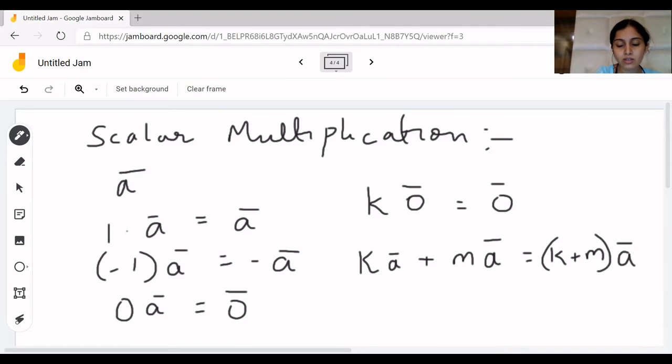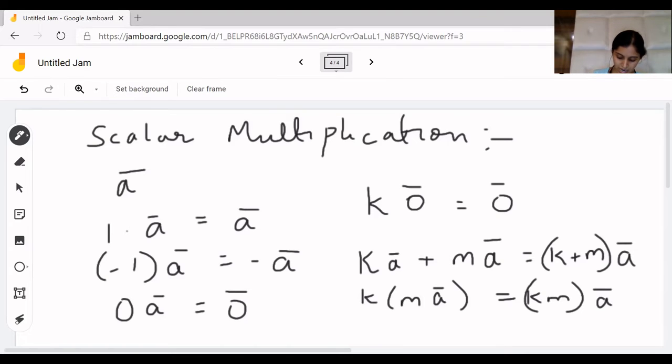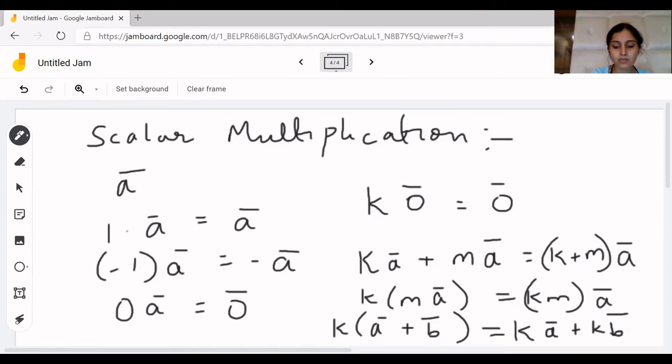That is, you can take the vector common and write it as addition of the scalars. Then if we have k into m a bar, it can be written as km into a bar. You can multiply the scalars, you can add the scalars, and then lastly you can distribute the scalar if we have two vectors multiplied with a scalar. So that will be k a bar plus k b bar. So this is scalar multiplication.